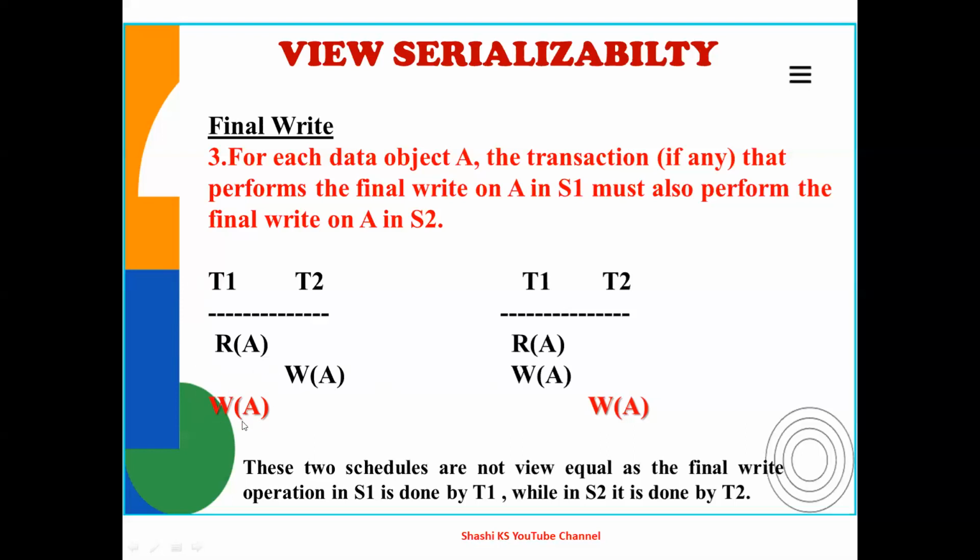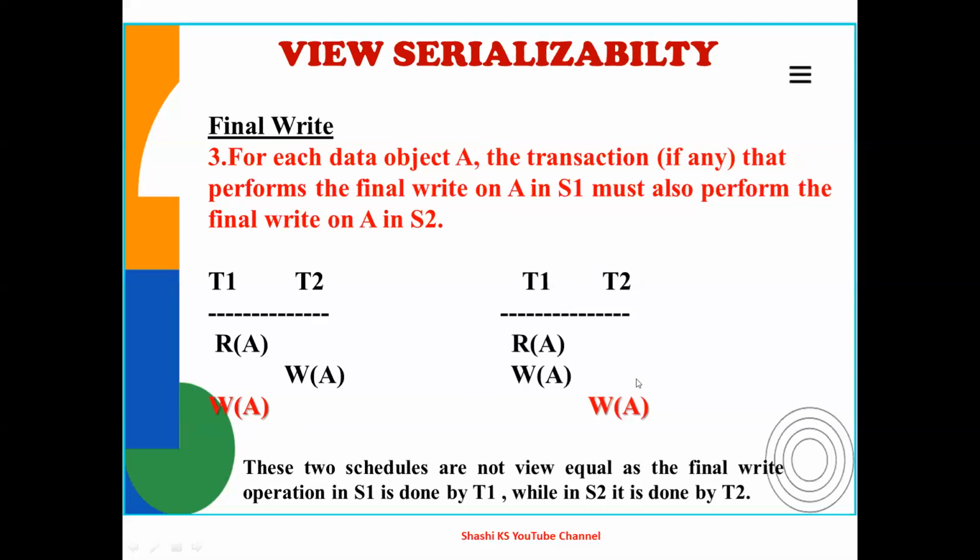There are two write operations in schedule S1. Who is performing the final write operation on the data item A? Transaction T1 is performing the final write operation on the data item A. You have only one data item here, A, and T1 performs the final write on it.